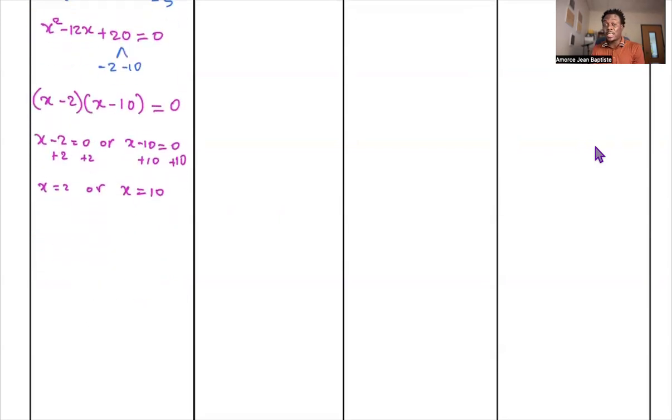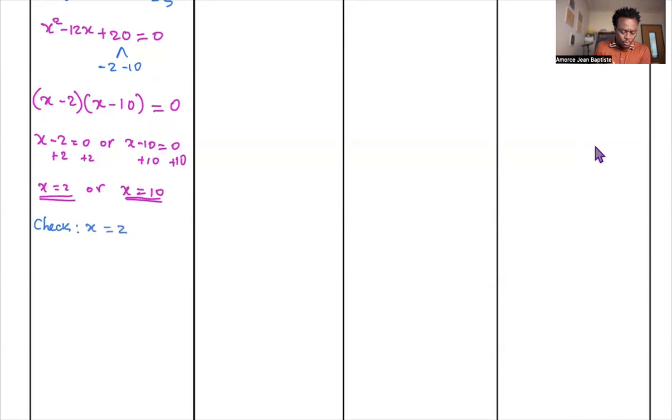Now the last thing you want to do is to think that these are your solutions before you check them. Let's check for x equals 2.